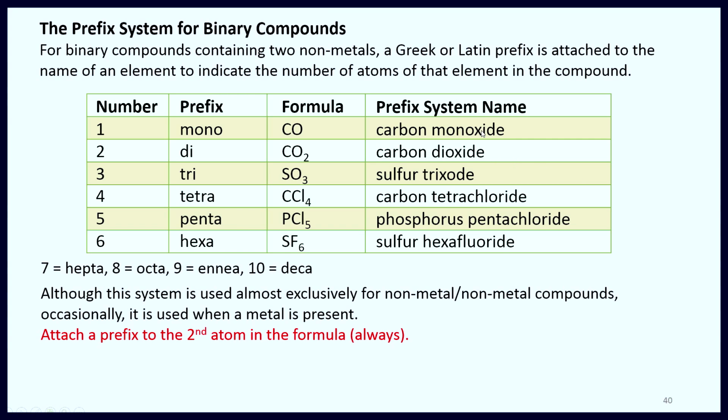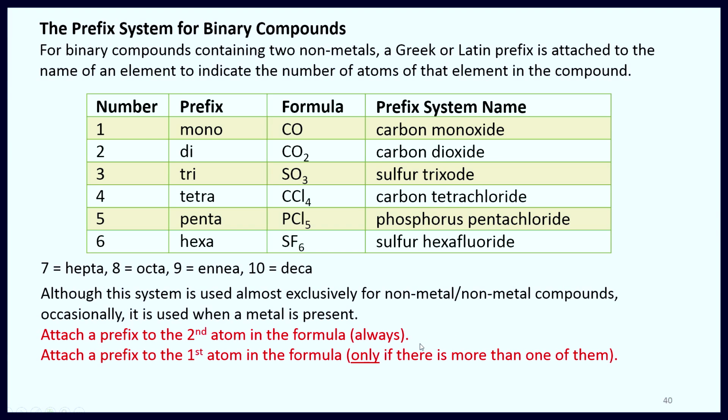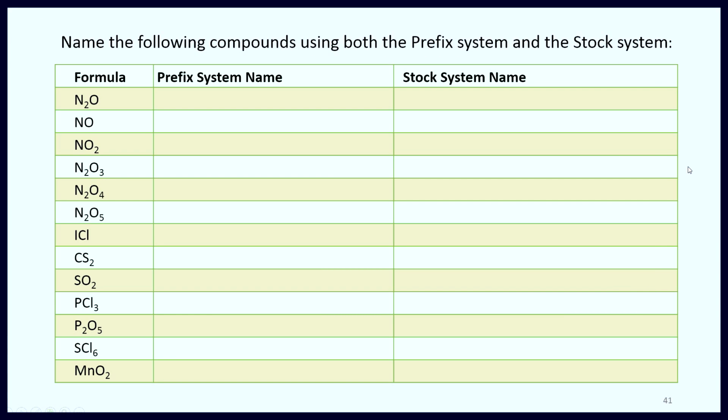Notice we put monooxide, dioxide, trioxide, tetrachloride. In every case, we attach a prefix to the second atom in the formula, always. But we attach a prefix to the first atom in the formula only if there's more than one of them, which is why I didn't attach any prefixes to these, because there's only one of the first atom in every case.